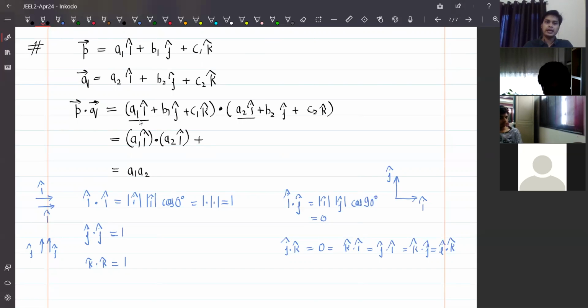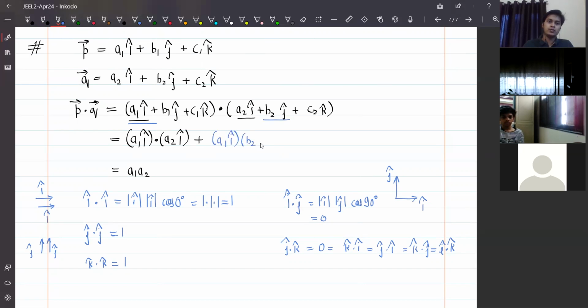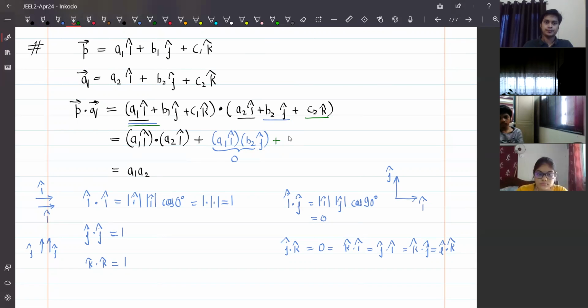Then the second one will be A1 multiplied by B2, so that will be A1 I cap into B2 J cap. I dot J is 0, so you'll get 0 for this. Then A1 with C2 K cap will again be 0. Then A1 J cap dot product with C2 K cap is also 0.